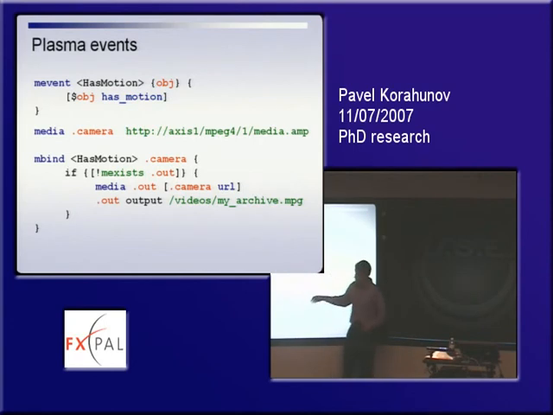Plasma will check every frame of the video whether the camera has motion. If it has motion, it checks if another object exists, and if it doesn't, it creates the object with the same source and records it into an archive file. You can create another event, doesn't have motion, which stops recording. So you can have this kind of events in the system.